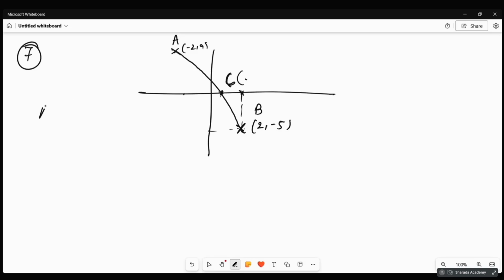What do you mean by that? AC is equal to BC. If that point is on the x-axis, what is the x value? We don't know. But what is the y value? If a point is on the x-axis, what is the y value, Aditya?